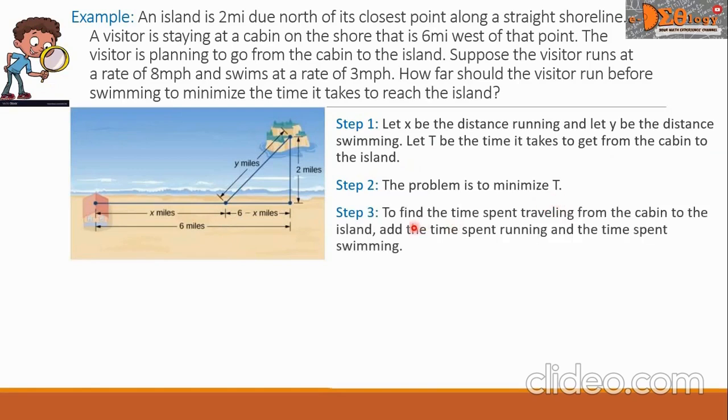Step 3, to find the time spent traveling from the cabin to the island, add the time spent running and the time spent swimming. Since the formula of distance equals rate times time, we write capital D equals capital R times capital T.